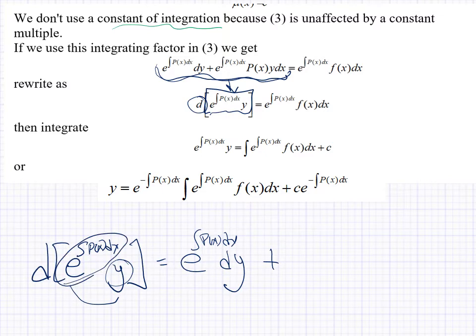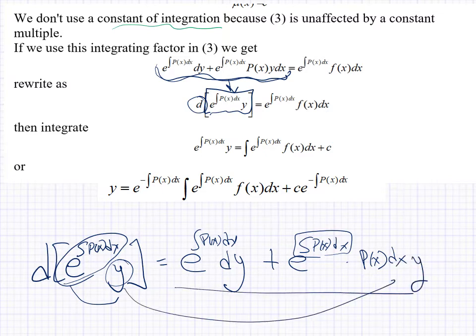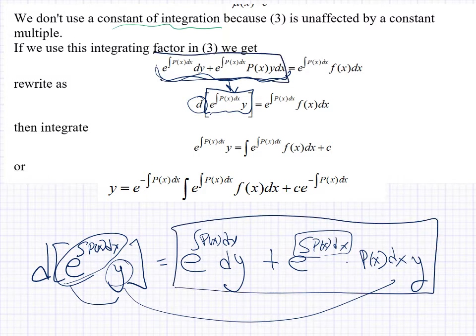Well, how do you do the derivative of an exponential? You rewrite the exponential, and you multiply by the derivative of the exponent. Well, that would be the derivative of the integral, which would just give me p of x dx. And then we have y itself. We would still need the original second function here. And so this would be the product rule for this derivative. Well, that's exactly what you're looking at right here.